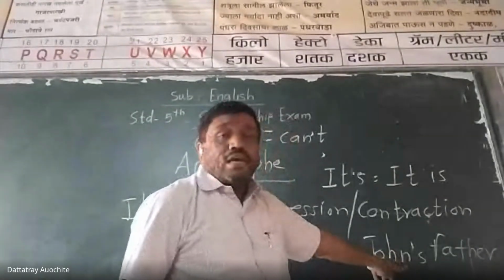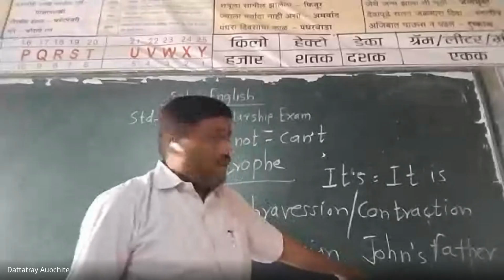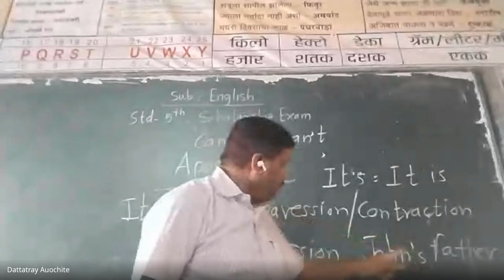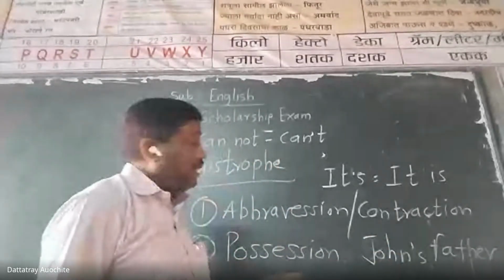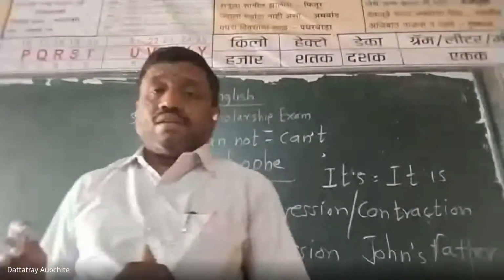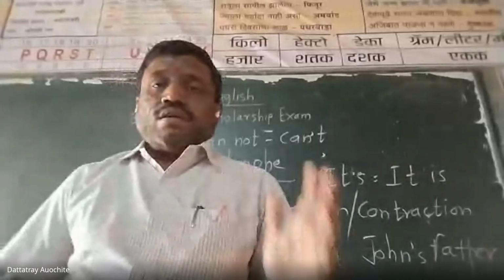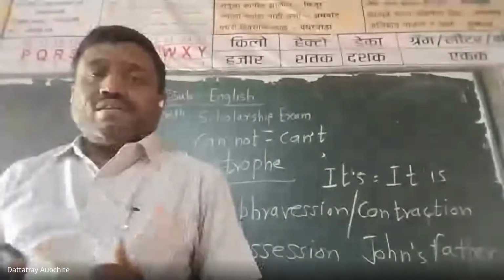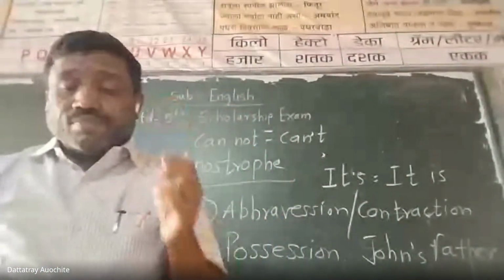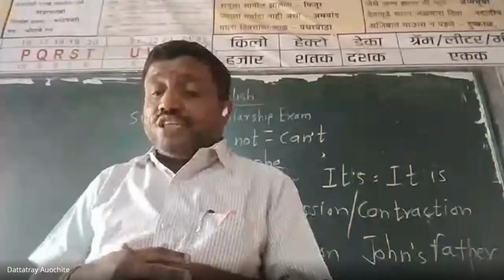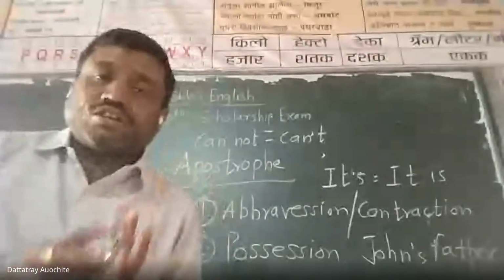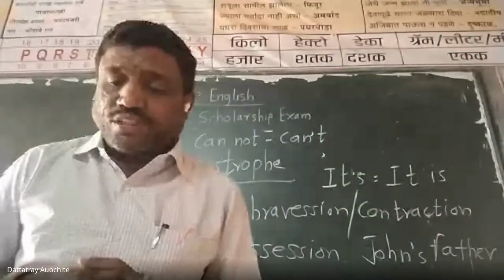After a proper noun, there is an apostrophe mark which shows possession. School's car. Srikanth's friend. Whose friend? Srikanth's friend. So the apostrophe mark is used to show possession and to form contractions or abbreviations.